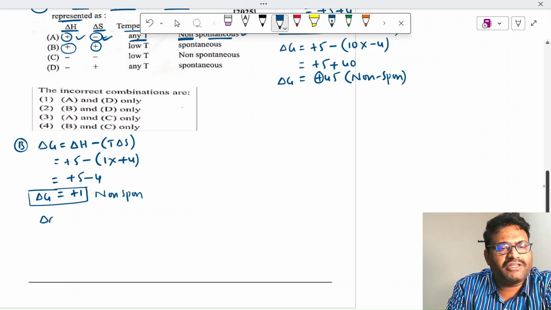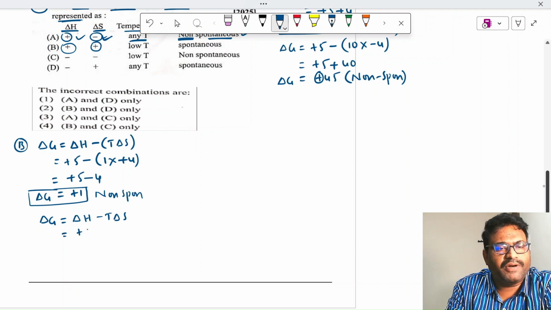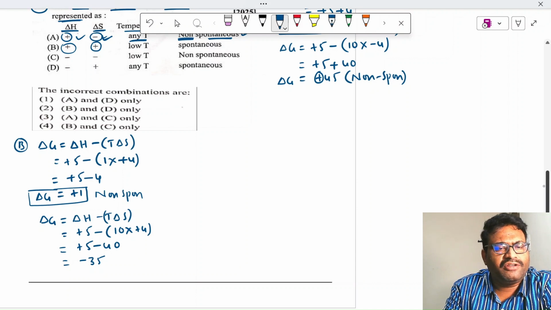If I increase the temperature, delta G is equal to delta H minus T delta S, that is equal to plus 5 minus of, let me take 10, into plus 4. That is equal to plus 5 minus 40, that is equal to minus 35. So you got minus, that means it is spontaneous.